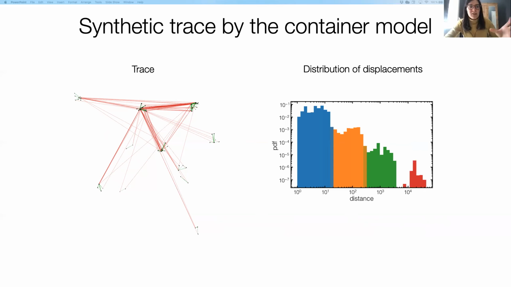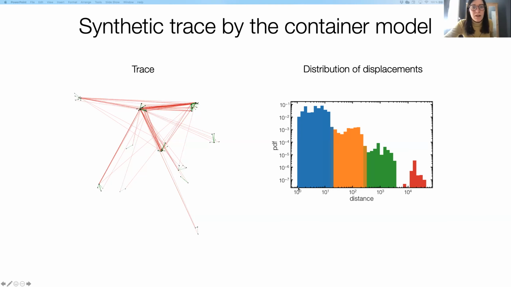And you can see that this trace looks incredibly realistic, or I've seen so many traces in my life that I think this looks realistic. And then when we look at the probability distribution of displacements, so the probability of traveling at a given distance, we can clearly color each transition based on how many levels in the hierarchy one had to travel across to get to the destination.